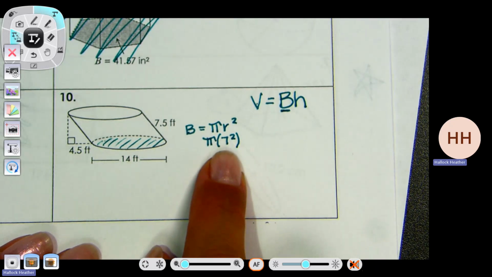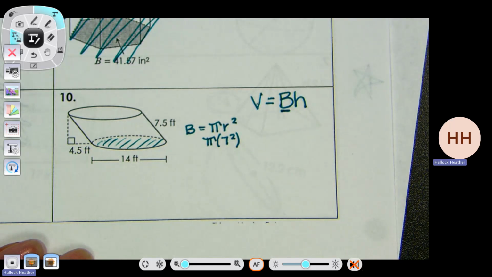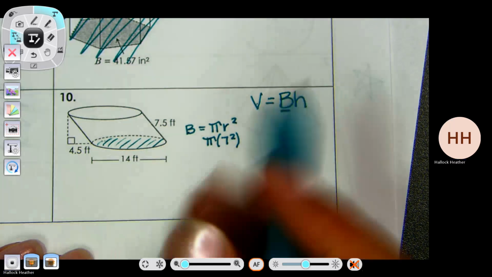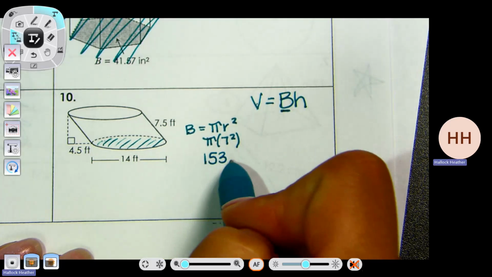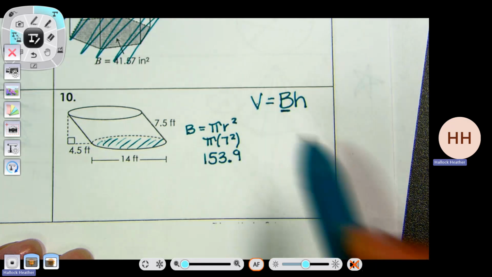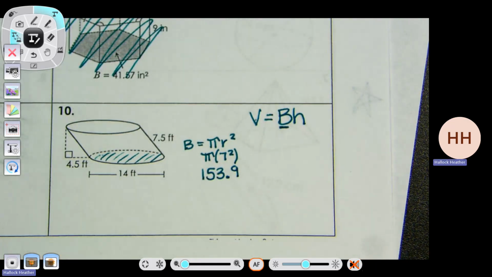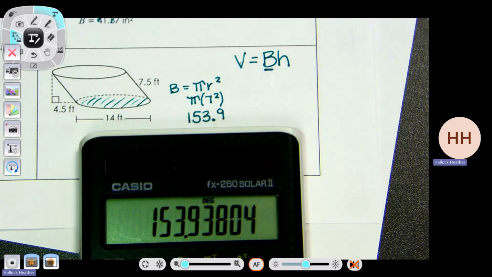So in your calculator, 7 to the power of 2, and then you're going to multiply by pi. We're going to round to the nearest tenth. It's 153.93.